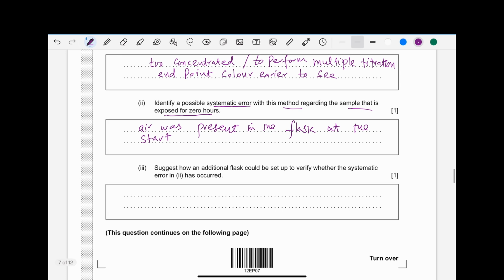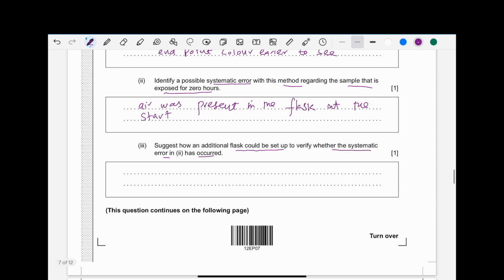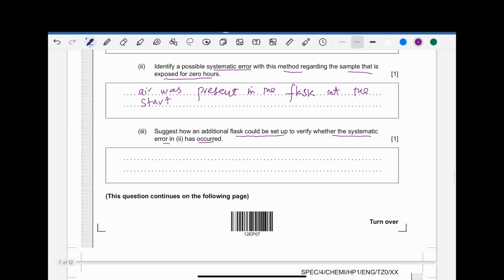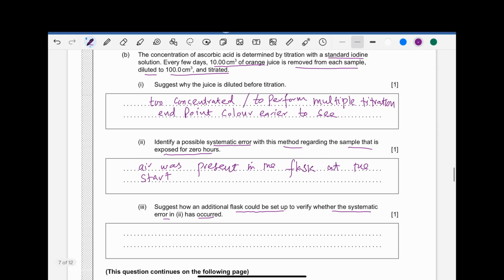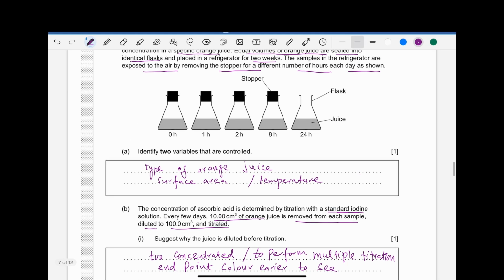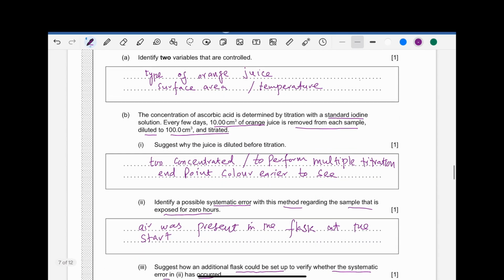3. Suggest how an additional flask could be set up to verify whether the systematic error has occurred. Again, you can think about removing the sample without opening the flask. You can see these stoppers, so we can insert a syringe and collect the samples.